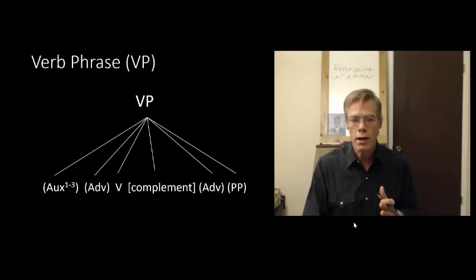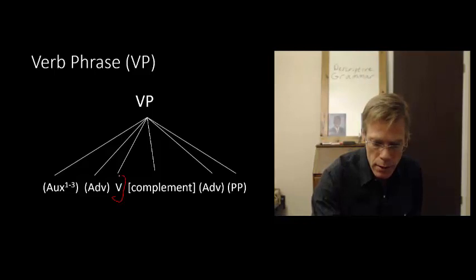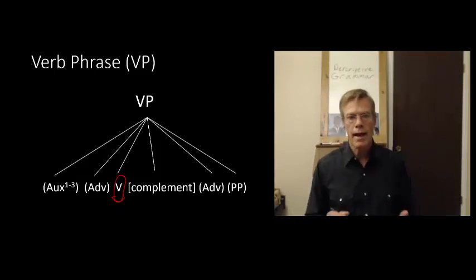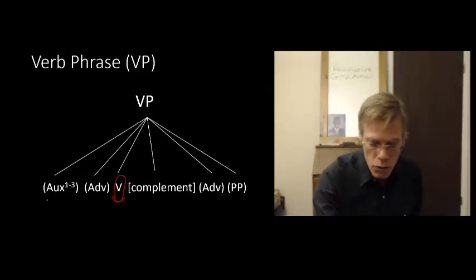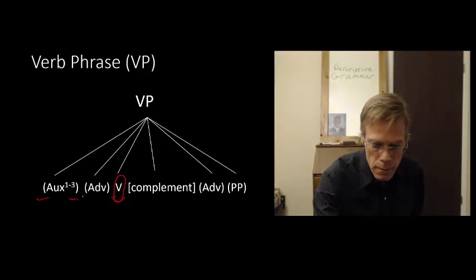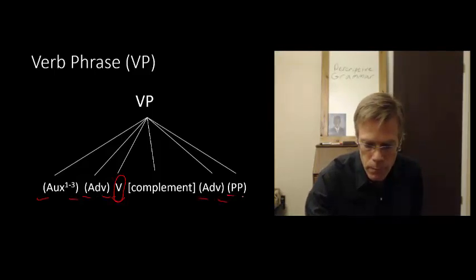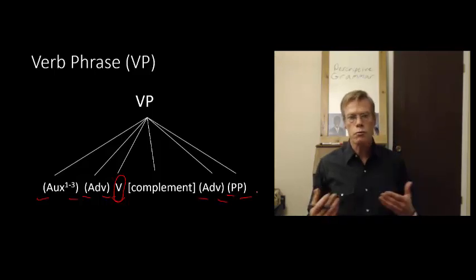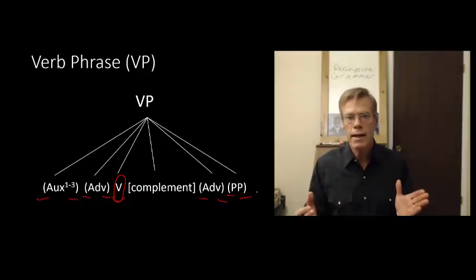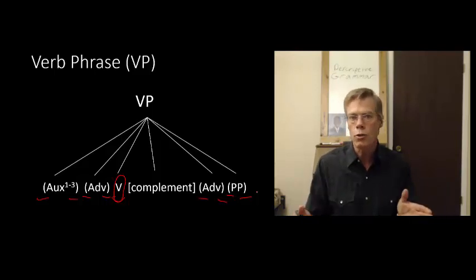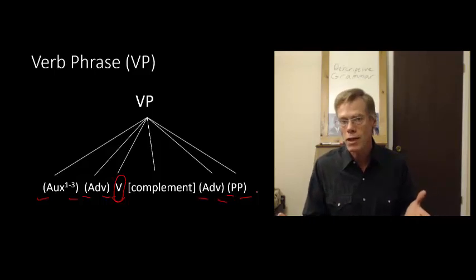We can look at the structure of a verb phrase. Again, there's going to be that single head verb, but we also see these parentheses. And those parentheses indicate that these are optional elements. So for example, we can have auxiliary verbs at the very beginning of a verb phrase, up to 3 of them in fact.